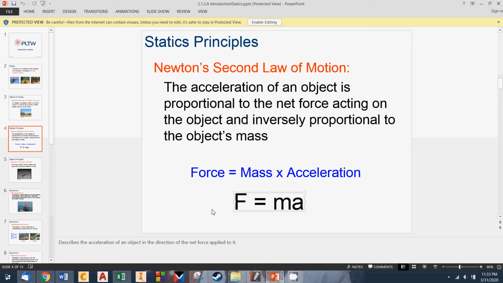So for example, if I have an object and I'm pushing it against the wall, and I'm pushing with 10 pounds of force on, let's say, a book. So I'm pushing a book against the wall with 10 pounds of force, but the wall is also pushing backwards on the book with 10 pounds of force.